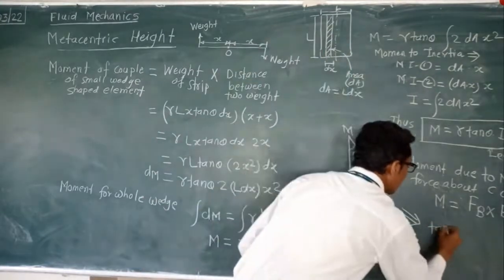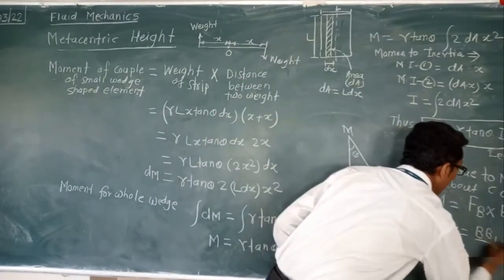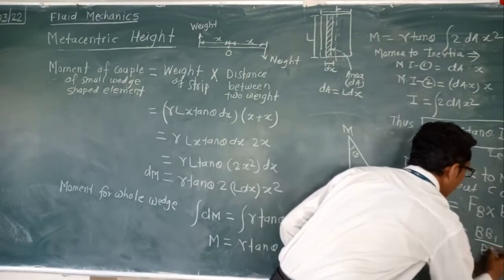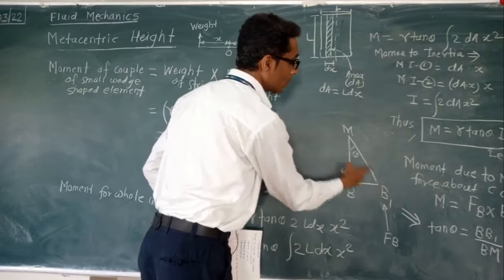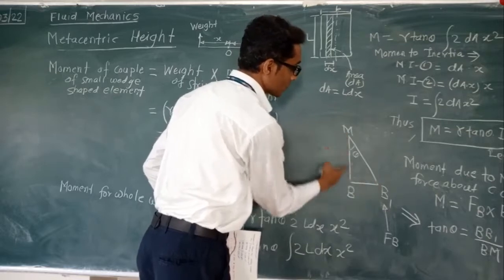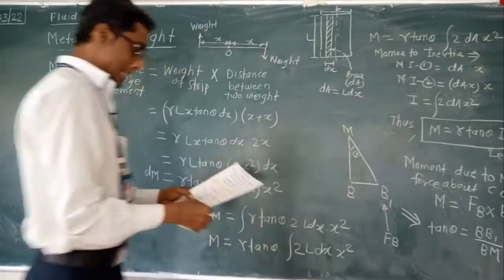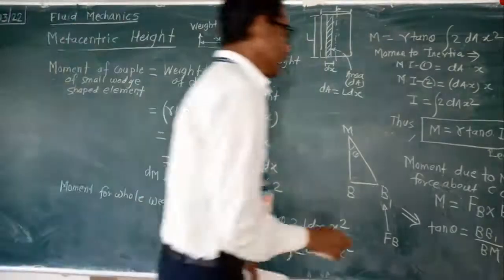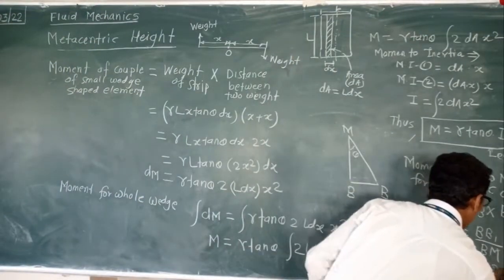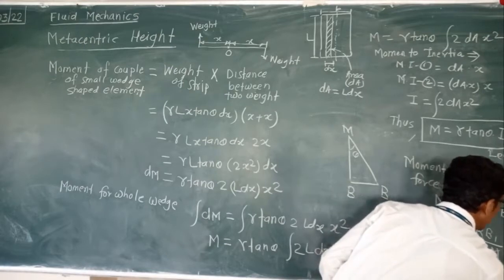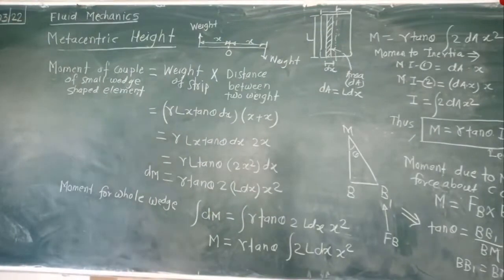Take tan theta equal to BB1 upon BM, the front side divided by the adjacent side. So BB1 will be equal to BM tan theta.